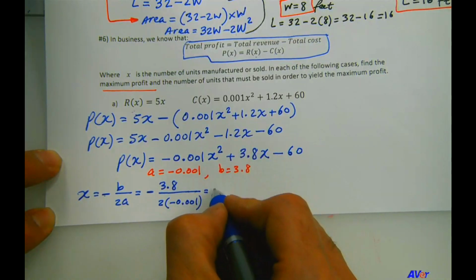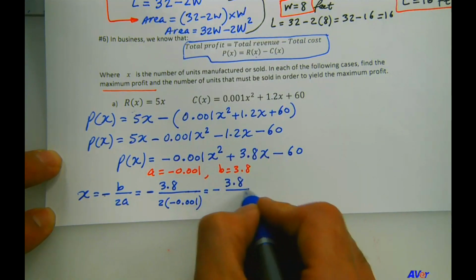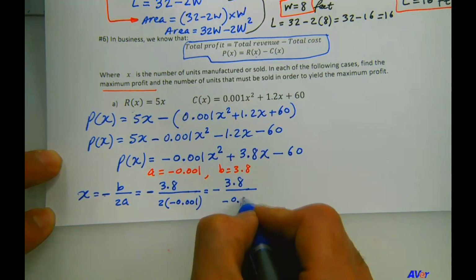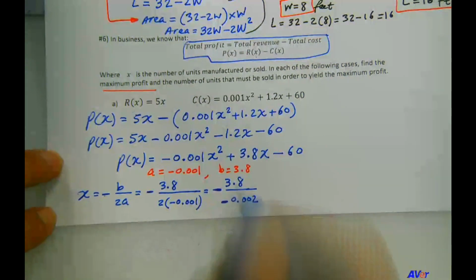So we have minus 3.8 divided by minus 0.002, right? We have two minuses here. So minus times minus is positive.